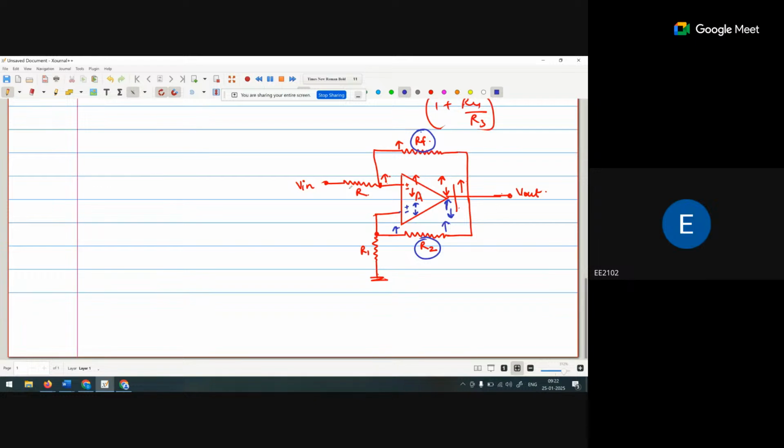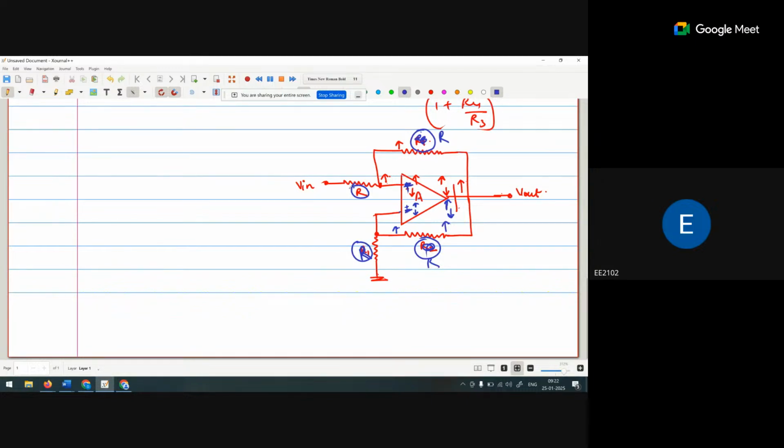So for this one, we have to identify RF, R1, R2. If we know the values of RF, R1 and R2, we can identify where the voltage drop is maximum, that is, where the effect of the negative terminal is more compared to the other terminal. For example, if this is R, this one is R and this one is R, all resistances equal, then either you consider this one positive or negative, no issue.